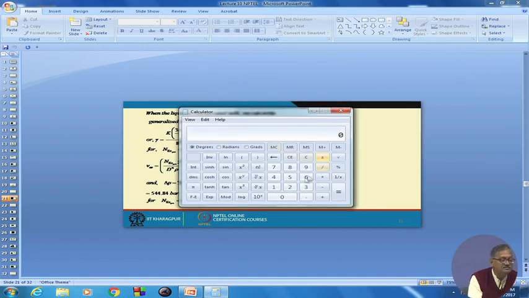So, it is 30 or 3 into 0.6 equal to so much plus 1, is equal to so much divided by 4 divided by 0.6, is equal to so much to the power 0.6, is equal to so much into 30, is equal to so much divided by 8 to the power 1 minus 0.6.